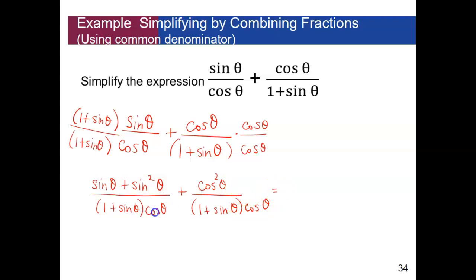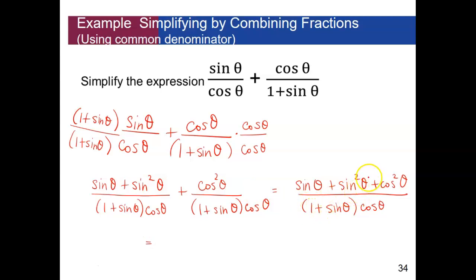Okay, so I'm going to combine these together since my denominators are the same. So I'll have sine theta plus sine squared theta plus cosine squared theta.